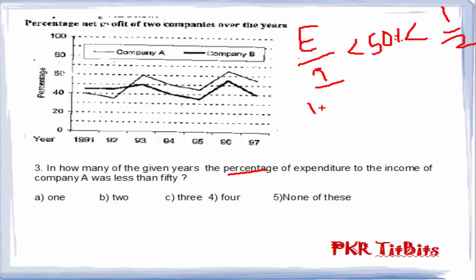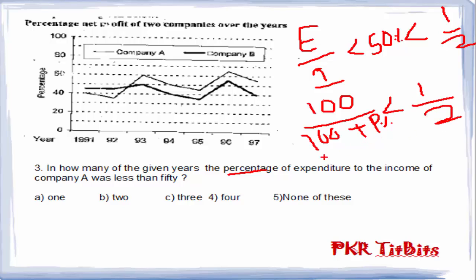From that, I can derive that 100 by (100 plus P), where P is the profit percentage, should be less than 1 by 2. Solving this, we get that profit should be greater than 100. Looking at the graph, none of these companies has a graph going beyond 100. So the answer is none of these.